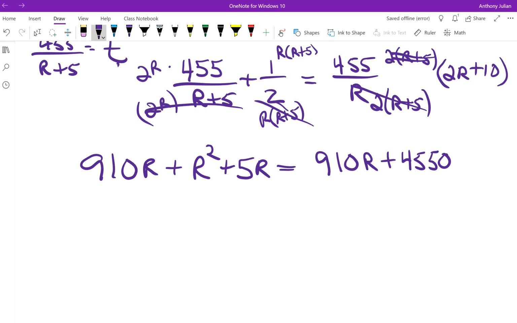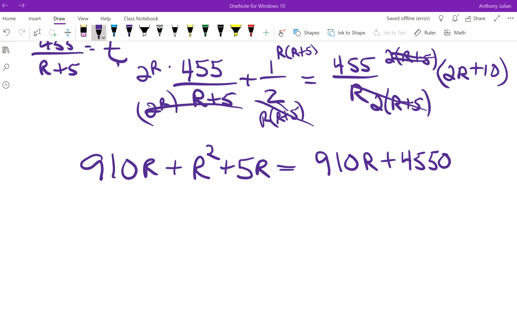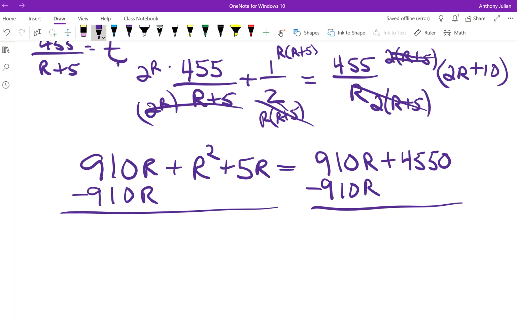I see I got a quadratic coming, so in my head I'm thinking ahead. I'm going to have to factor something. All right, let's go. I've got to subtract 910r. Let's do that first. And then this is 0. Then I'll bring down my r squared plus 5r.